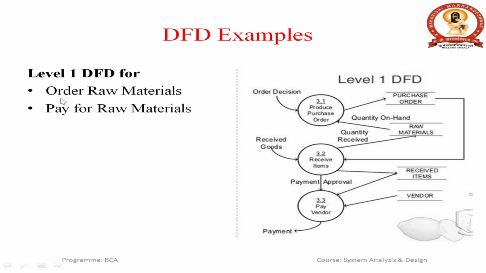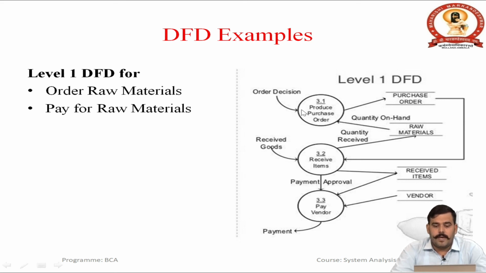Same, we have the level 1 DFD for the ordering of the raw material and payment of the raw material, and you can easily understand here we have three different processes: produce purchase order, receive the items and pay the vendors, and these are the data storage.